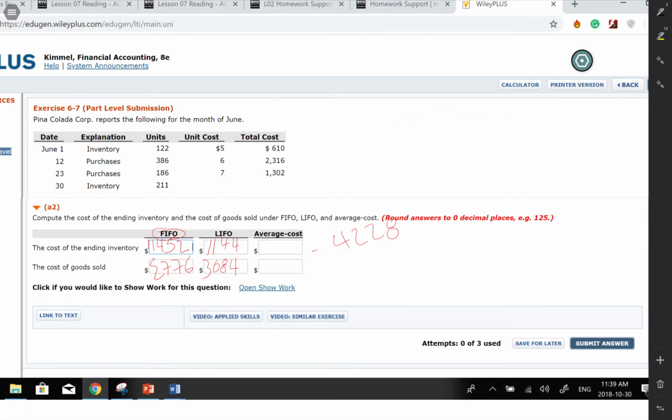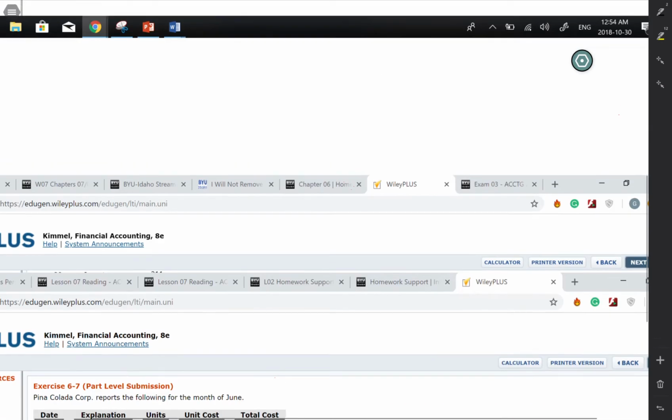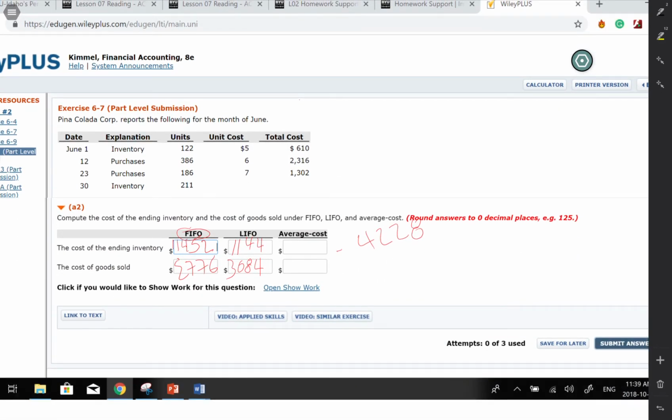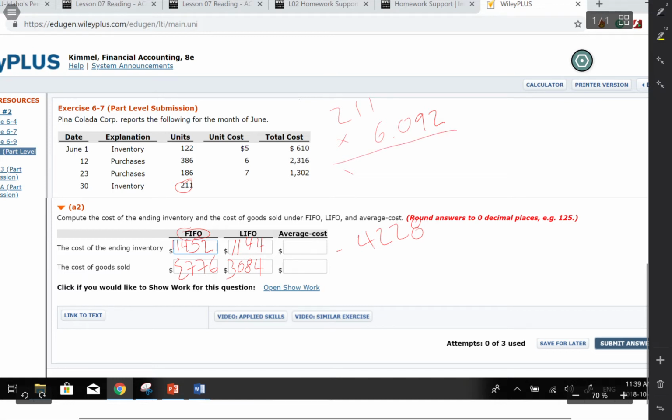So for this, we will be utilizing the weighted average unit cost, which we figured out in the first exercise, of 6.092, and we will multiply it by the number of units from the last inventory, which is 211, and that will give us a total of $1,285.41, but we will be rounding it to $1,285 for the cost of the ending inventory.